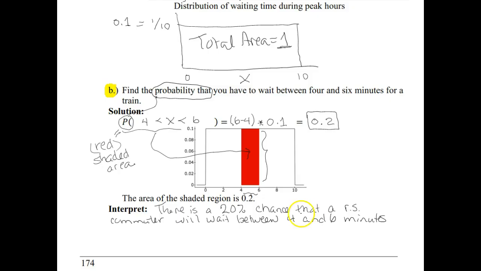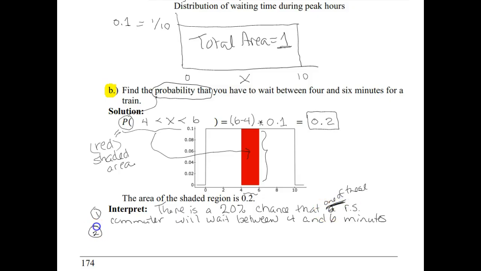And again, we could add in here that we're looking at peak hours in Ohio on this particular line. So there's one way to do that interpretation for an individual.